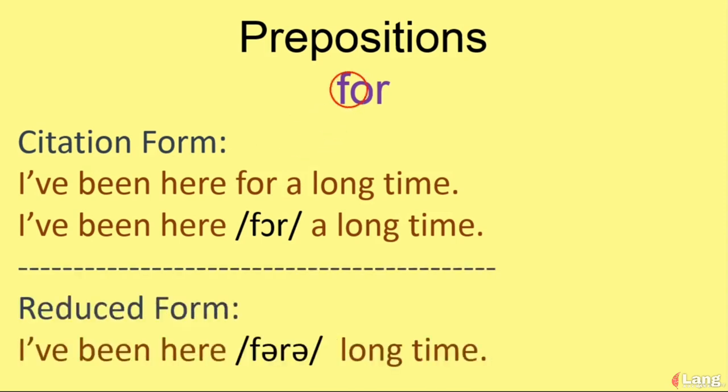But in reduced form, for sounds more like fer. And when combined with a, we would say furra. And so our whole sentence would sound like, I've been here for a long time. Furra.